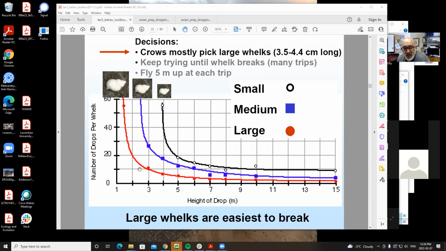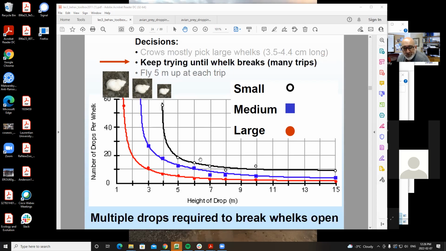So the red, what this means is that it doesn't require quite as many drops, and in particular the height is not quite as high in order to crack open these larger whelks. The larger whelks are easier to break. So they can make multiple trips to break open the whelks.